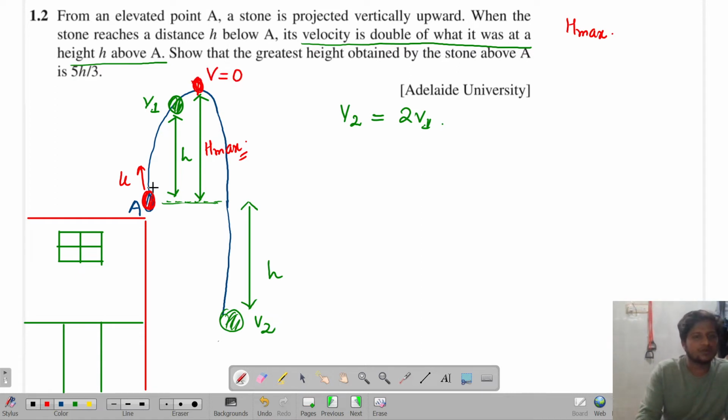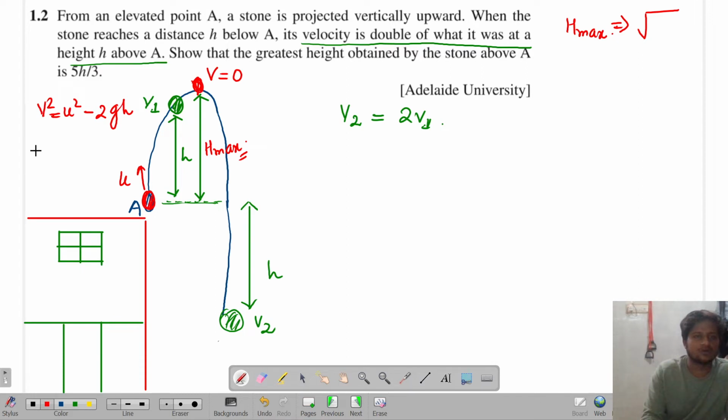Yes or no? Then I will apply the h max formula. V square is equal to u square minus 2gh, as it is going up. Yes or no? This formula I will apply.